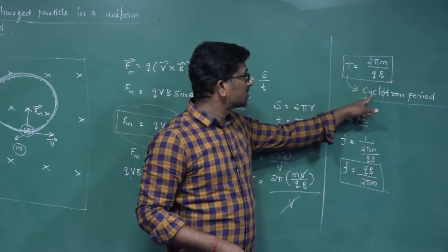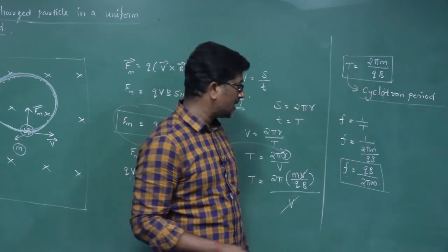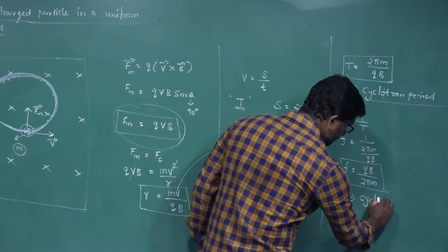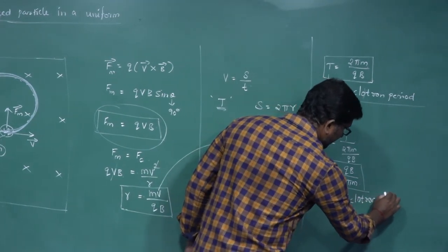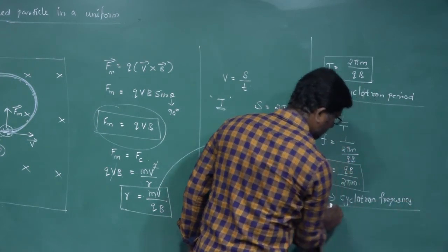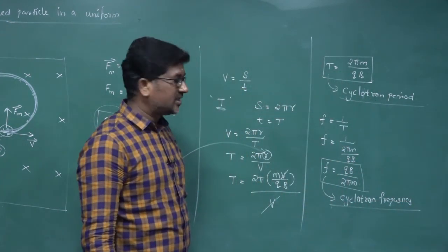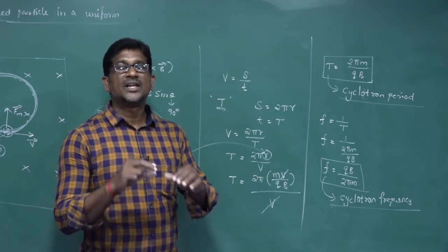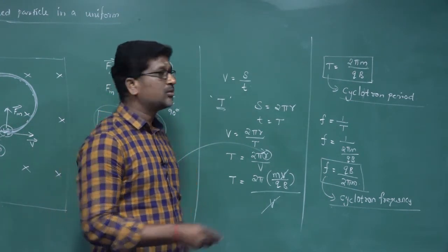So this time period is called the cyclotron period, and this frequency is called the cyclotron frequency. Right? You know the relation between angular frequency and linear frequency.